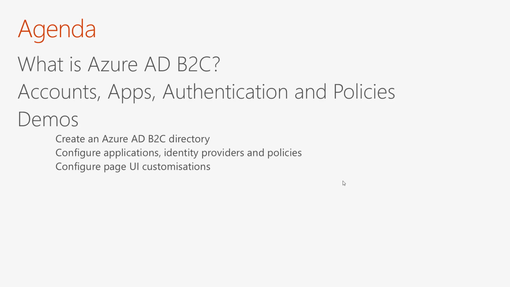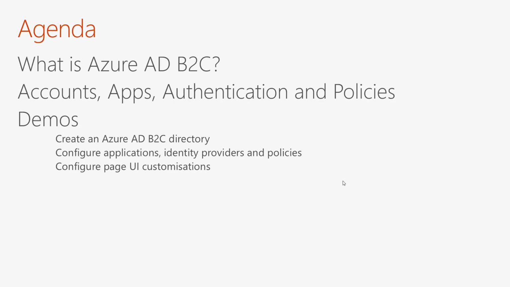So what is Azure Active Directory B2C is what I'm going to be talking about first, and then we'll be talking about the components in Azure Active Directory, which are accounts, applications, authentication, and policies, etc. Then I'm going to be driving the session more with demos, so it's going to be useful for you to understand what I'm talking about.